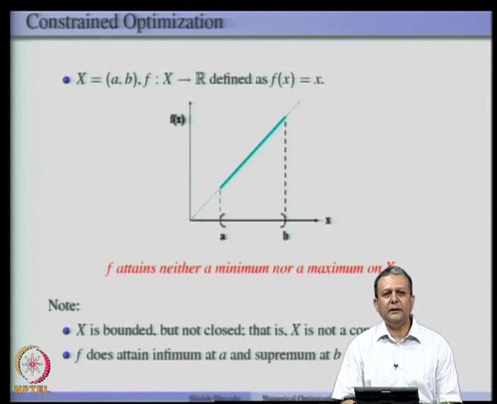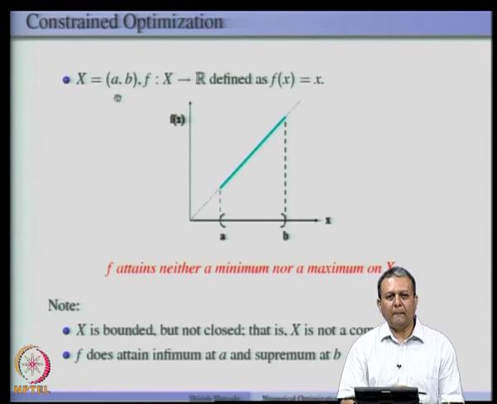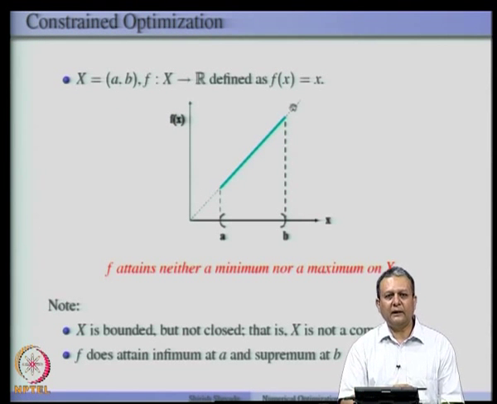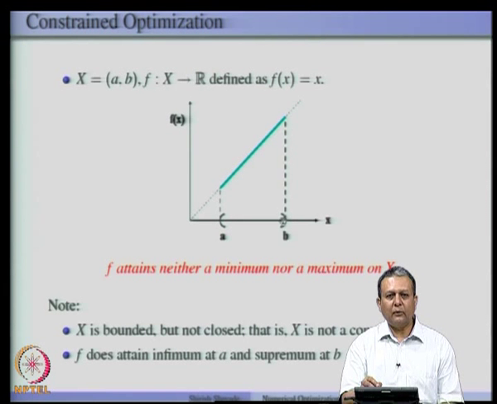Now, here is an example where the domain x is an open interval a to b, and the function f is from x to R, defined as f of x equal to x. The function is shown in this figure, and you will see that these endpoints are not included in the domain.